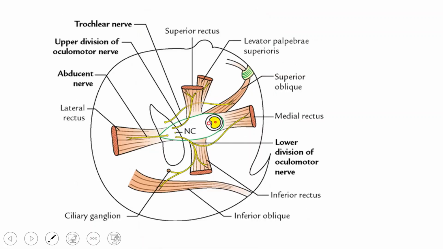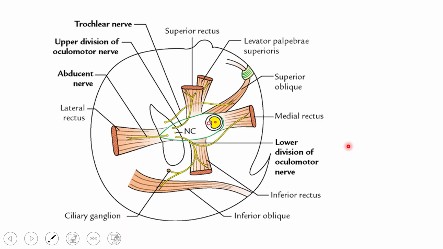Next, moving on to the nerve supply of all these muscles. The extraocular muscles are supplied by the two divisions of the oculomotor nerve, which is the third cranial nerve, through its branches to all the recti and the oblique muscles, except, yes, there is an exception.